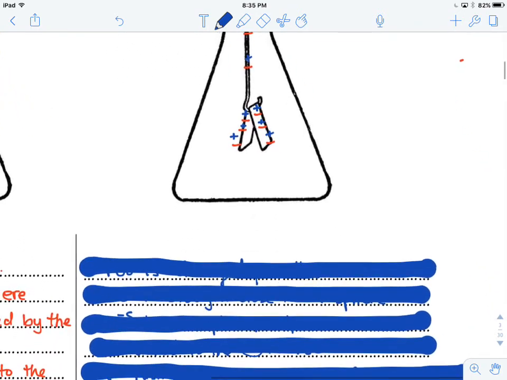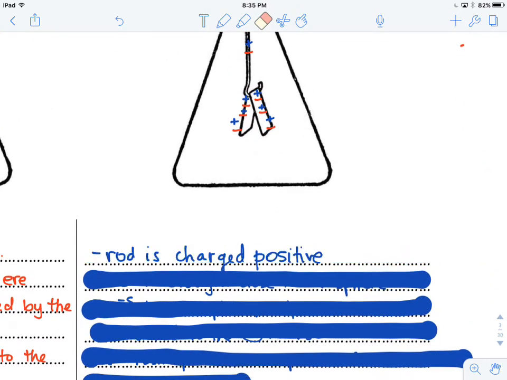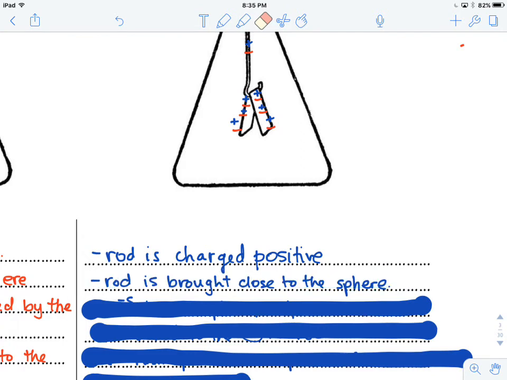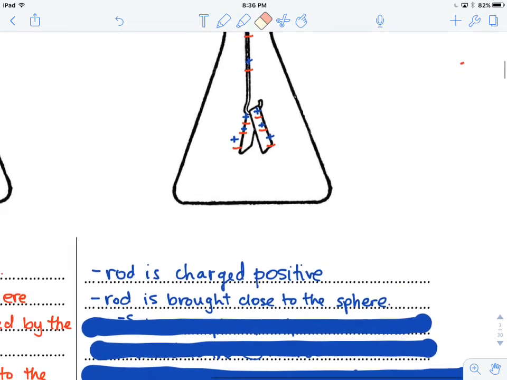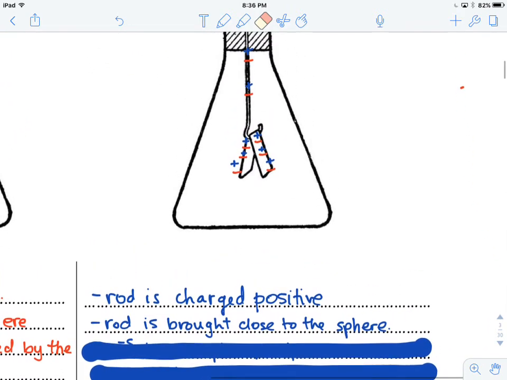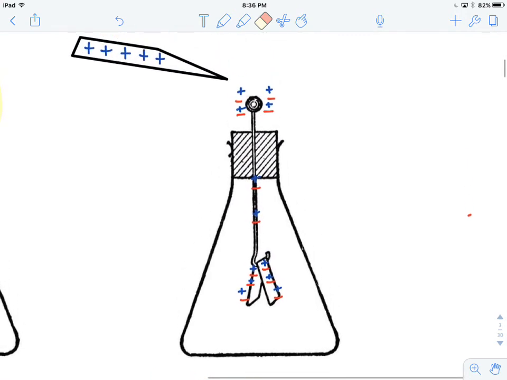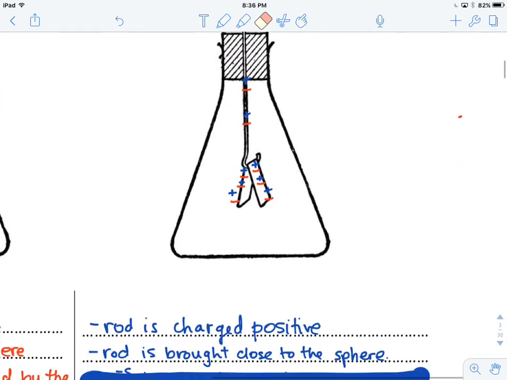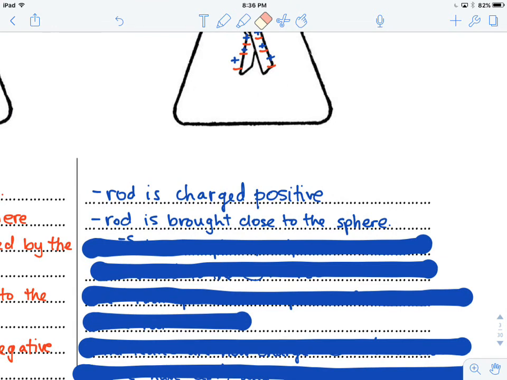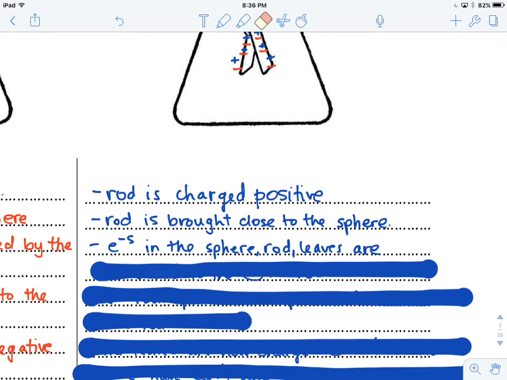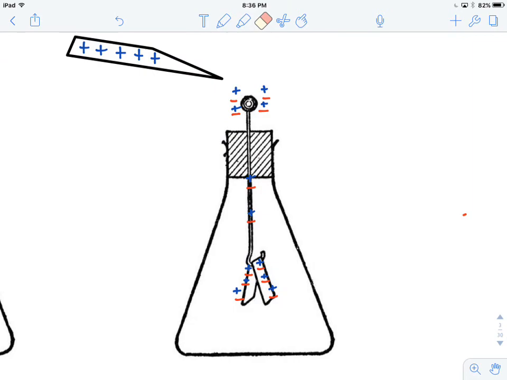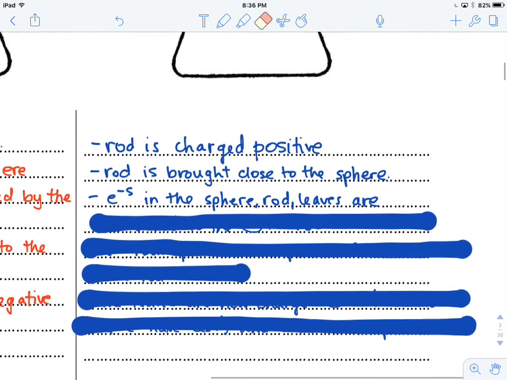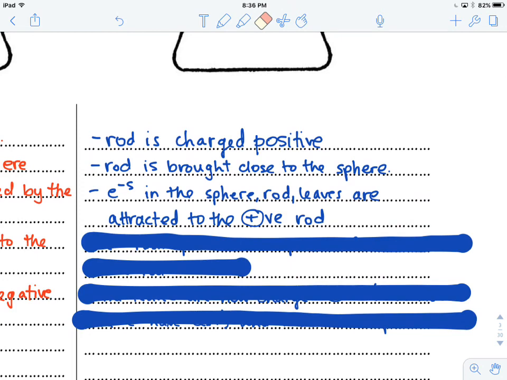In this case, the rod is charged positive and it's brought close to the sphere. Now we know that when we're talking about electricity, the protons, the positively charged objects, cannot move. Only the electrons can move. So in this case, the electrons in the sphere, the rod, and the leaves are attracted to this positive metal rod.